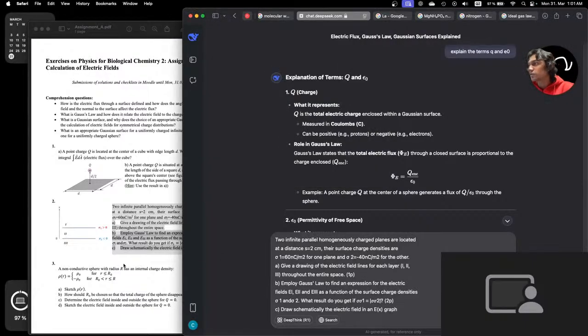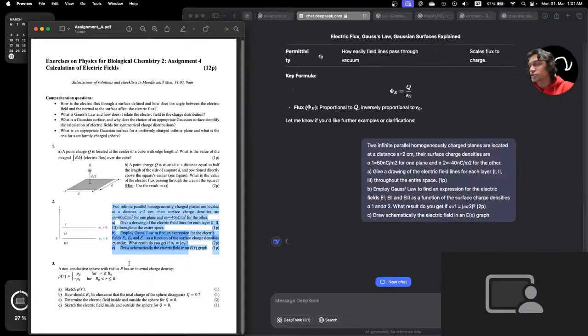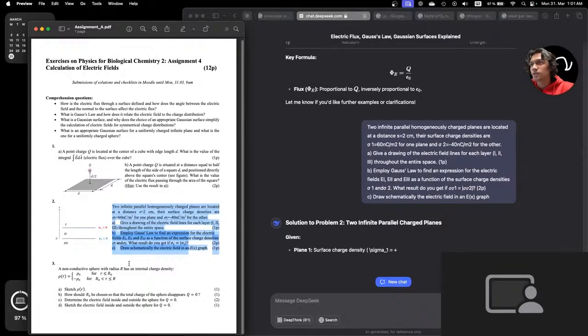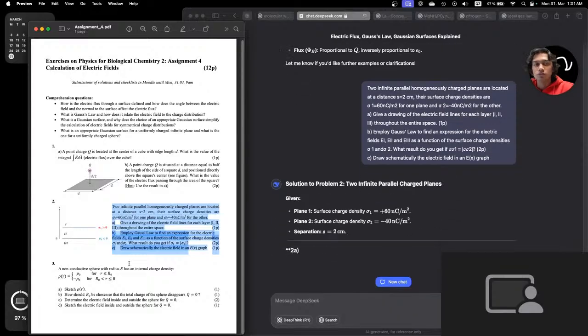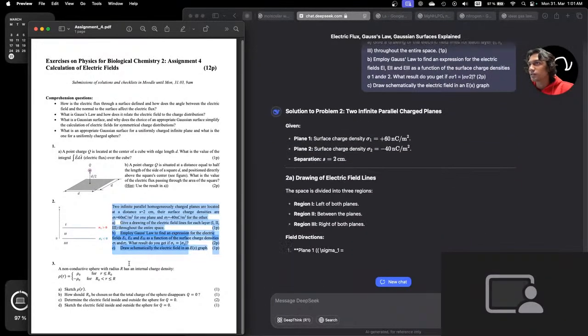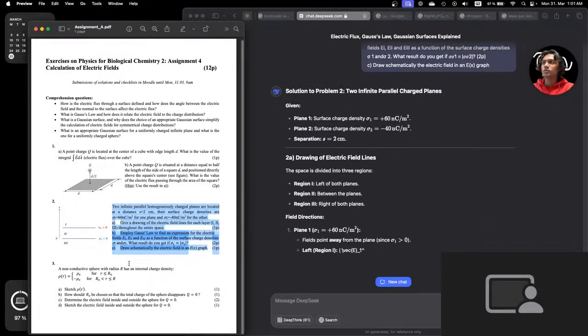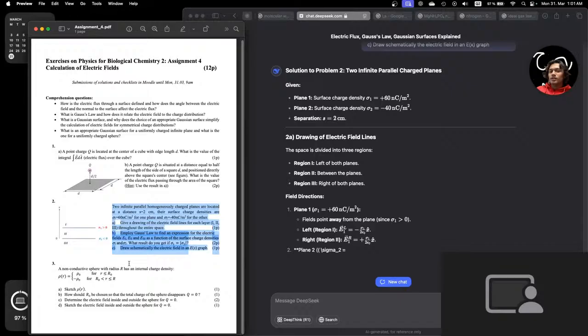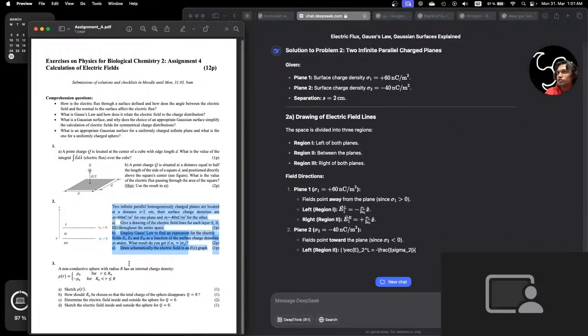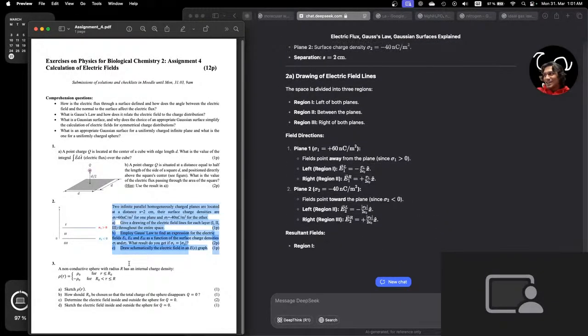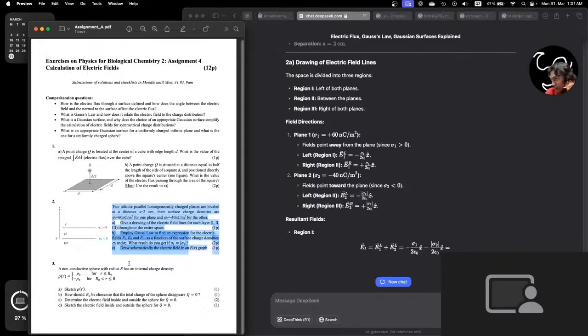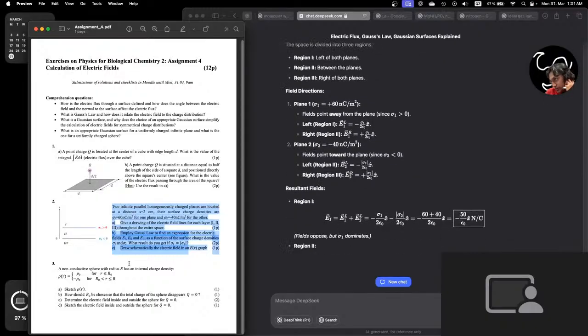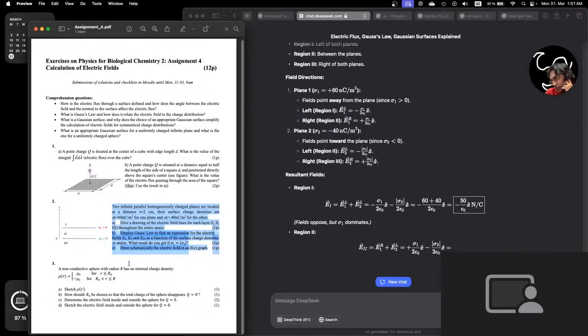Two infinite parallel charged planes are located at a distance of 2 centimeters.